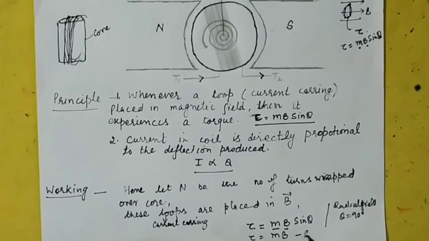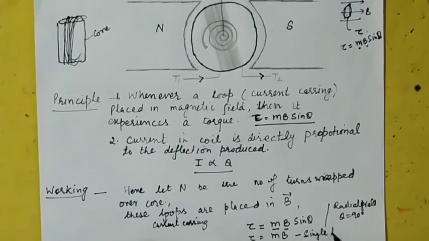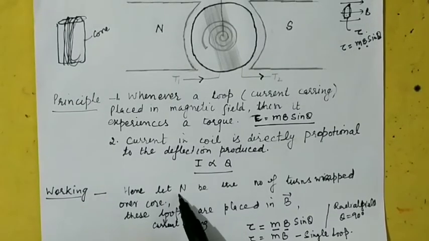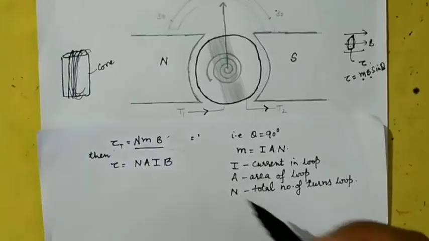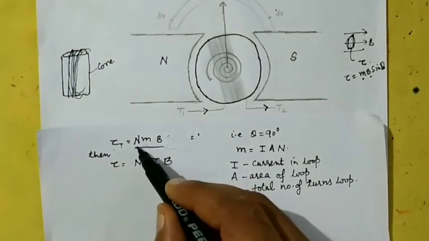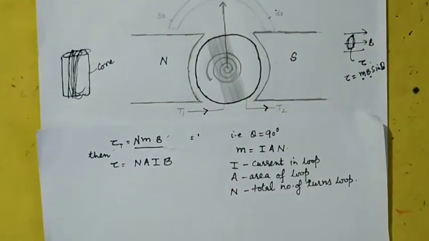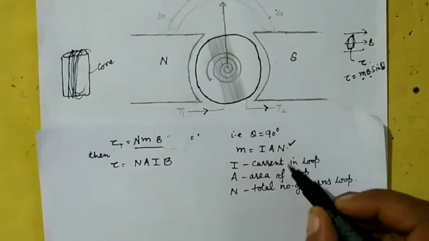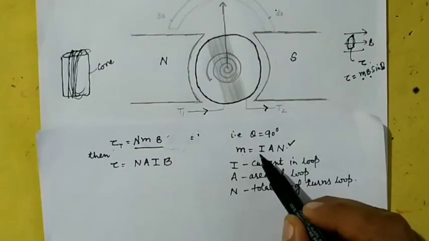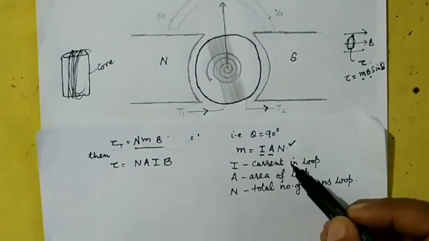This is for a single loop. Now if we have a total of capital N loops or turns, then what will be the total torque experienced? The total torque becomes NMB. We know that the magnetic dipole moment is equal to the product of current and area of the loop.